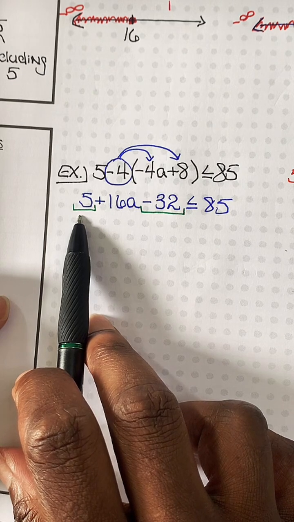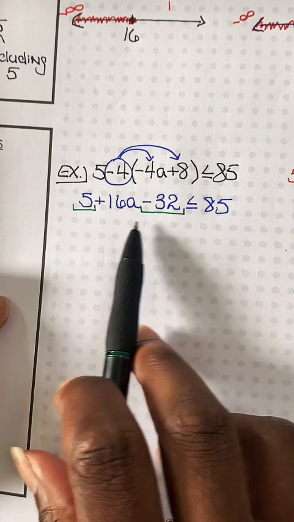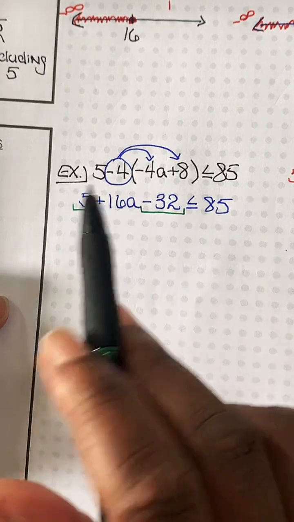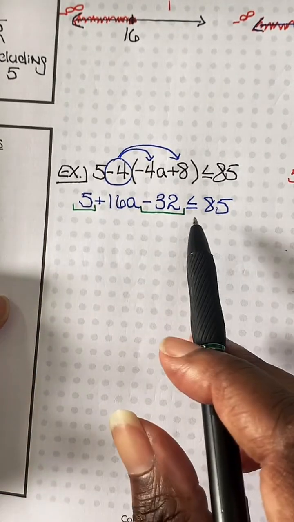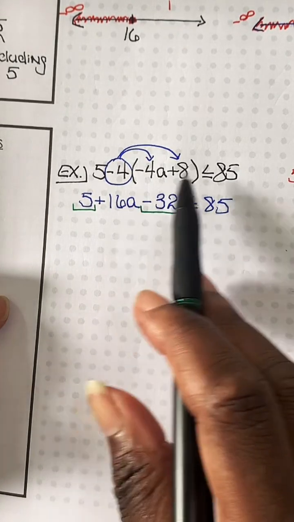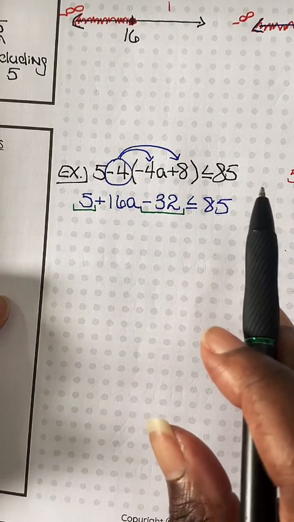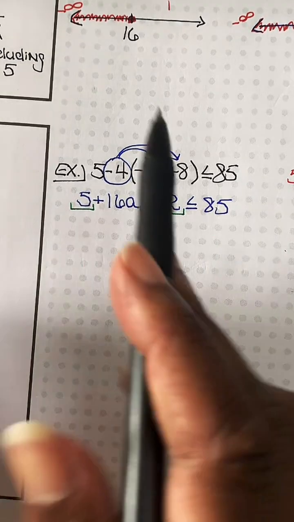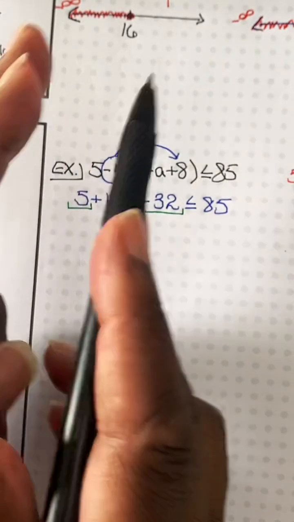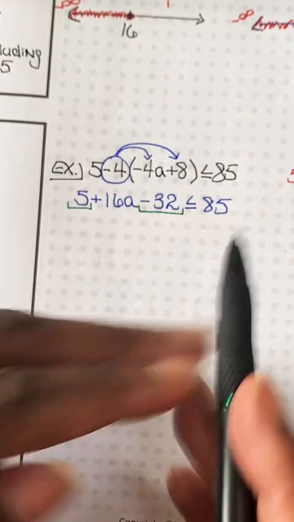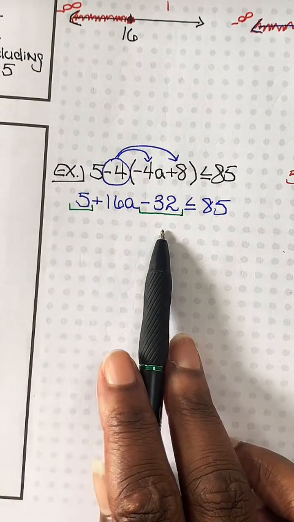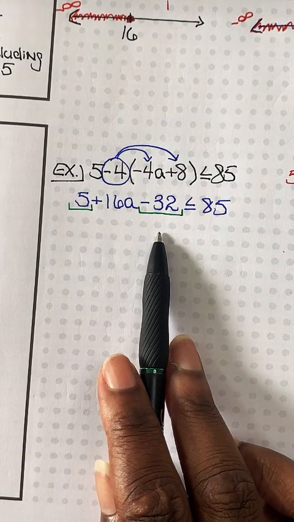The reason why you do the inverse is when you take from one side of the equal sign or the inequality in this case to the other side. That's when you do the inverse, when you're carrying from one side to the other. But if they're on the same side, you just go ahead and combine it.